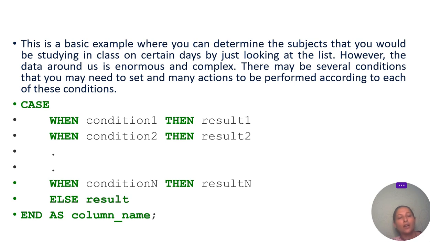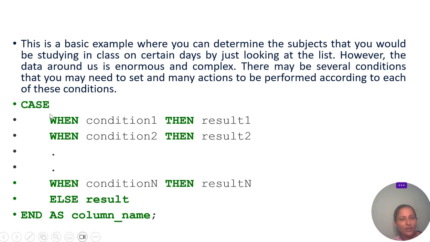However, the data in industries is very enormous and complex. There may be various conditions that you need to set and many actions to be performed according to each of the conditions. So, how to write it?